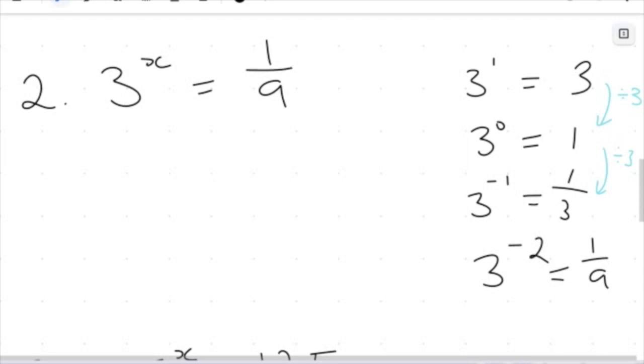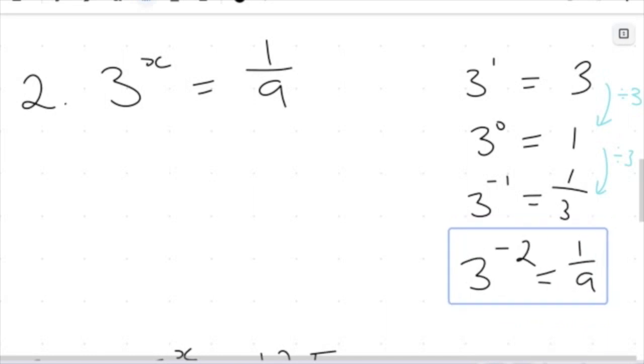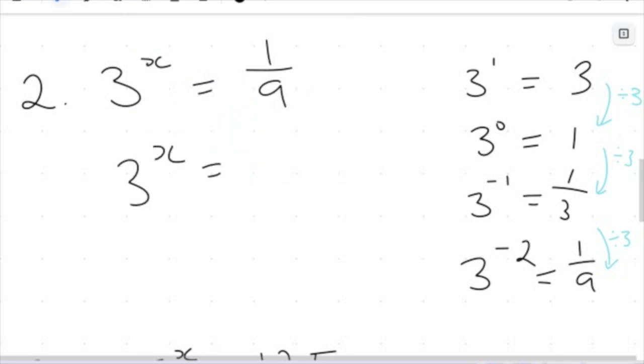This is just a revision of what we were doing with negative indices. So please, if this is unfamiliar, have a little bit of revision of this before we move on to these tricky examples. But because we have a fraction with some denominator, we can write 1 over 9 as 1 over 3 squared. Now I have the same bases here. But 1 over 3 squared is a fraction at the moment.